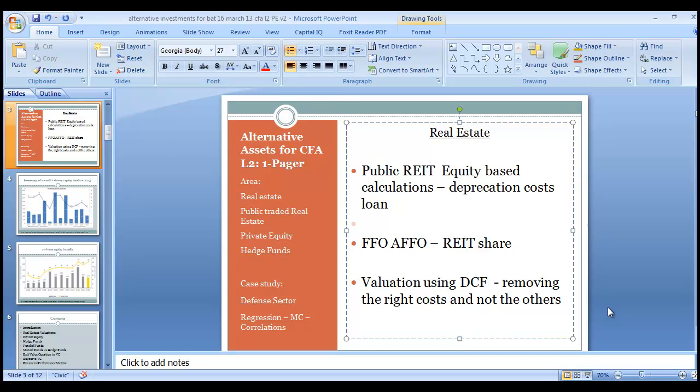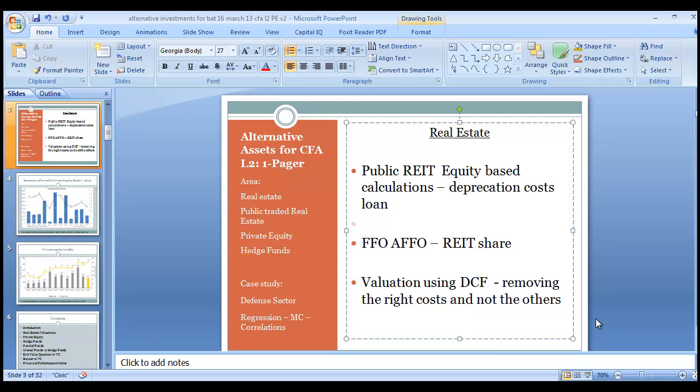The adjusted FFO is an extension of FFO that is intended to be more useful in representing current economic value. The AFFO is known as cash available for distribution or funds available for distribution. The calculation of AFFO generally involves beginning with FFO and then subtracting non-cash items. So you start with FFO, minus non-cash items, minus recurring maintenance-type expenditures and leasing commissions, so you get the adjusted FFO.